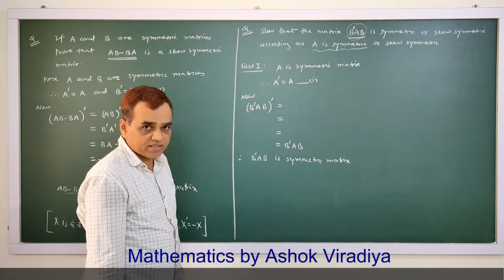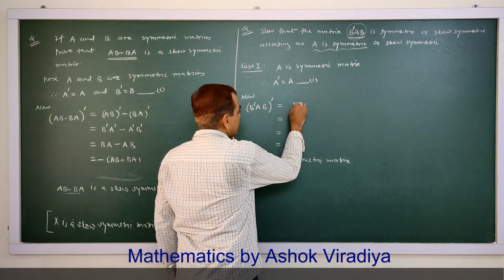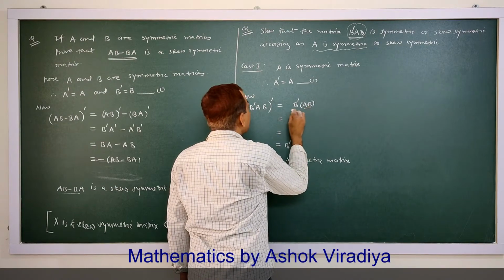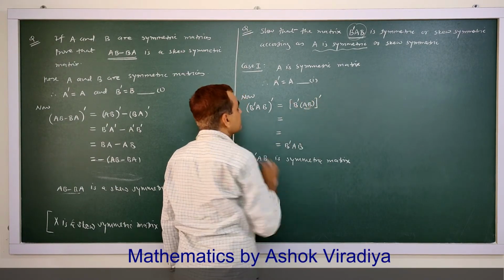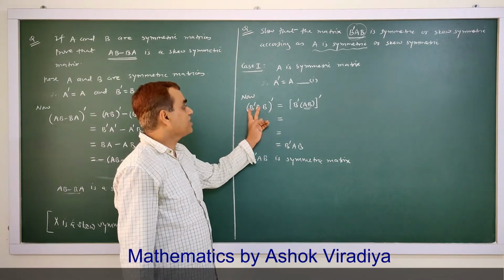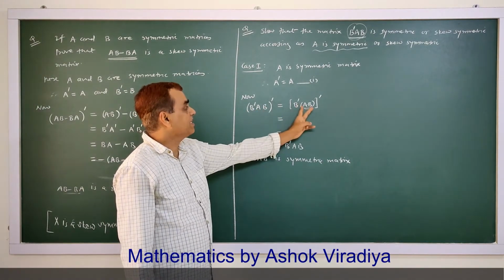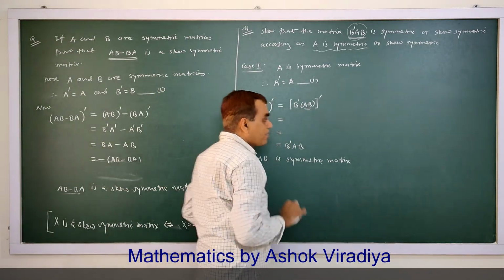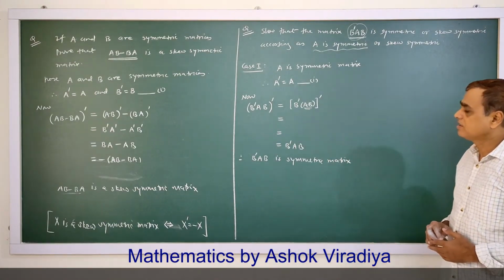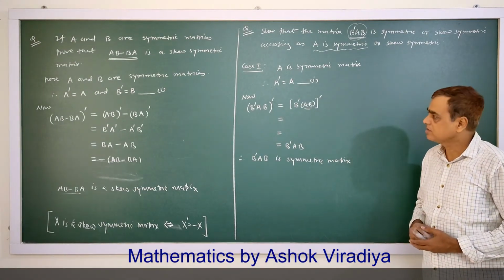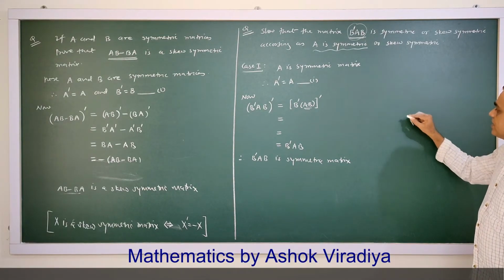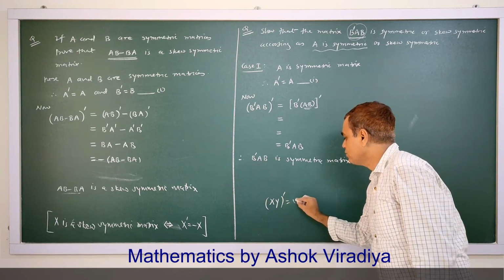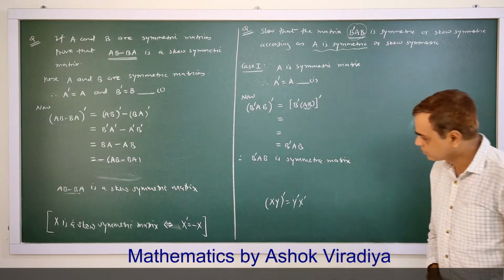Now here we use a property. This can be expressed as B dash into (AB), keeping A and B in a bracket. Now, using the property of transpose, we know that transpose of x into y is equal to y transpose into x transpose.